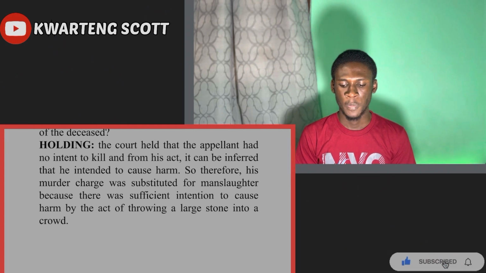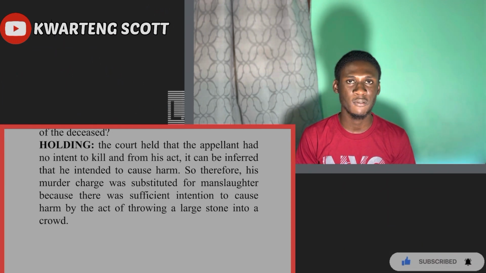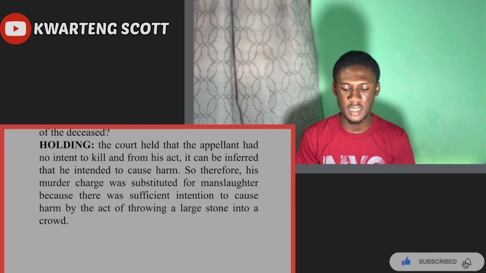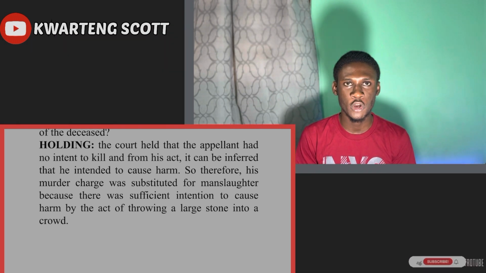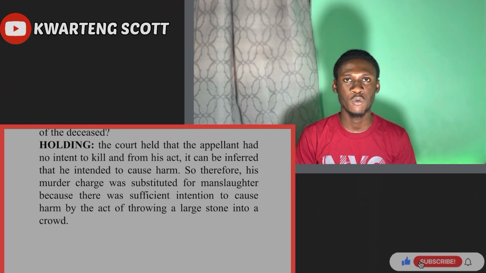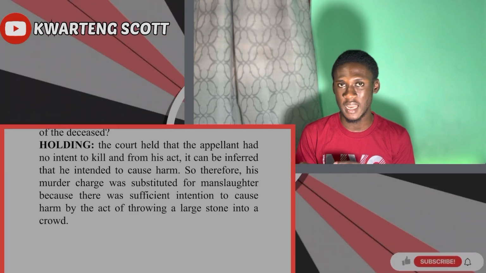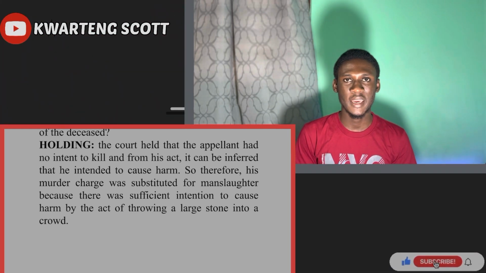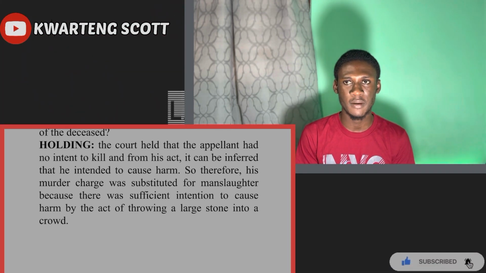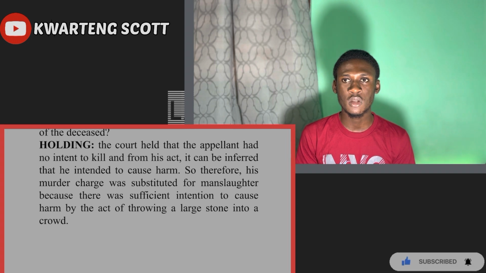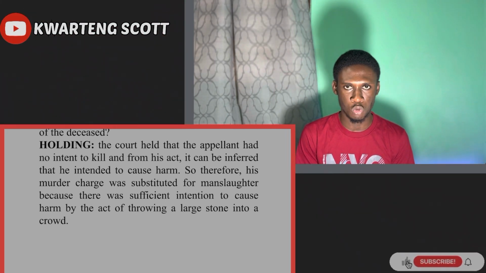Therefore, his murder charge was substituted with manslaughter, because there was no sufficient information that throwing the stone was probable to kill someone. But if he had any other person who abetted or aided his action, both of them would be charged for whatever this person was charged for, because you know that throwing the stone is highly probable to cause harm to someone within the crowd.